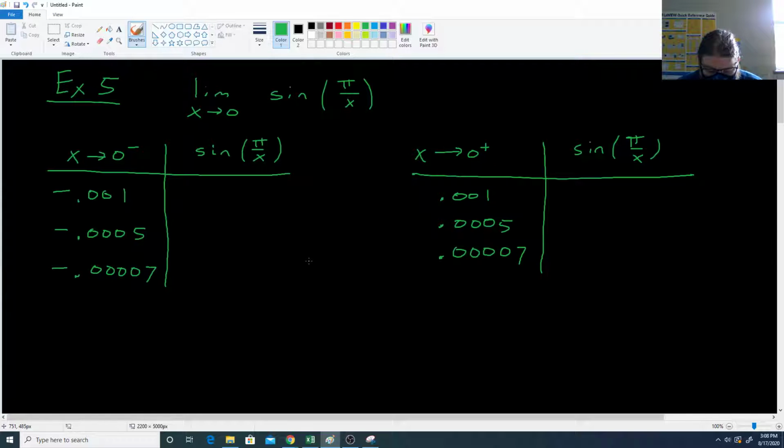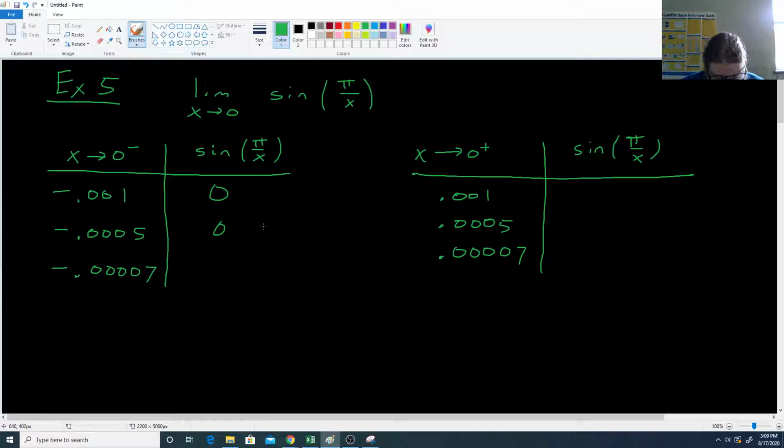So in for y1, I'm going to put sine of pi over x. Now I'm going to my table, and I put in negative 0.001, and I get back 0. I put in negative 0.0005 and I get back 0.